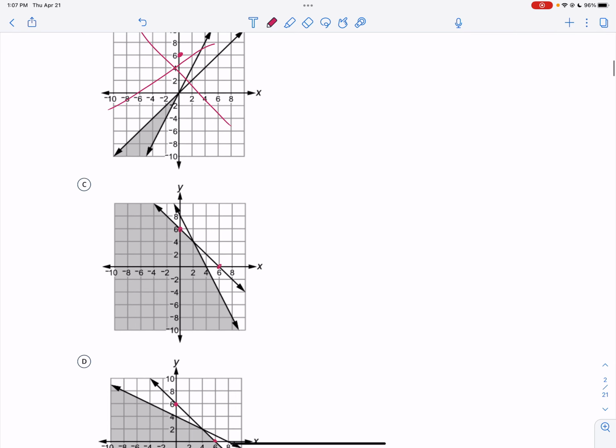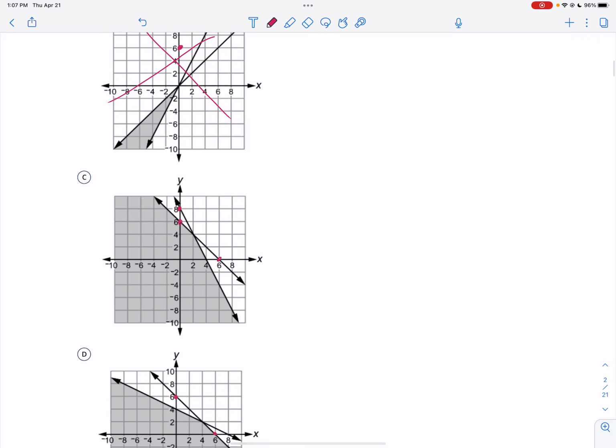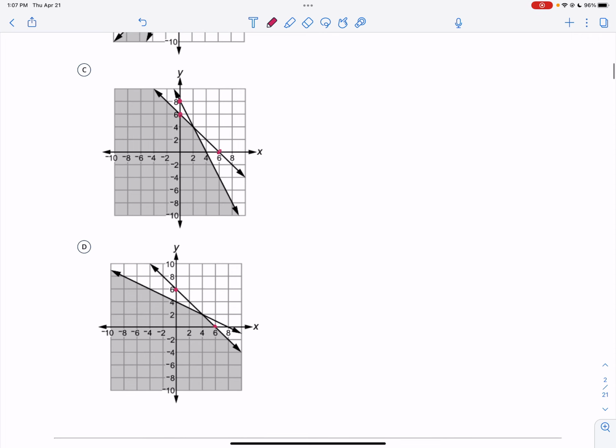I could have discounted it with this as well. So it looks like that, and that point has to exist. So I automatically know it can't be that one. It can't be that one. Okay?